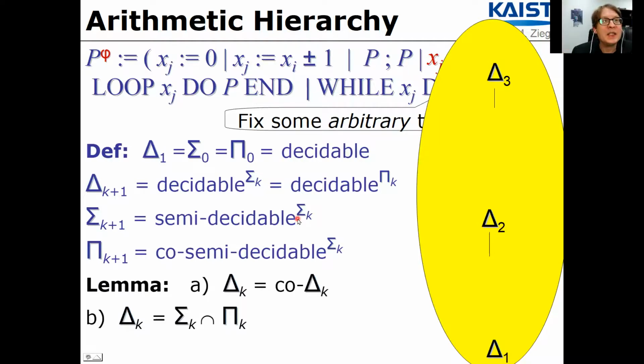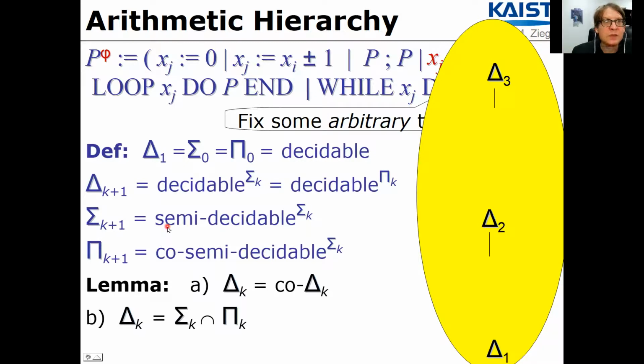It can be replaced, semantically equivalently, with an actual program deciding it, and thus any decidable oracle can be removed from oracle programs, obtaining a semantically equivalent oracle-free while program, so that being semi-decidable with oracle access to sigma 0, decidable, is the same as just being semi-decidable, so that sigma 1 is the set of semi-decidable problems.